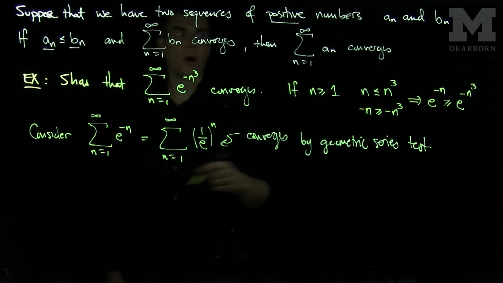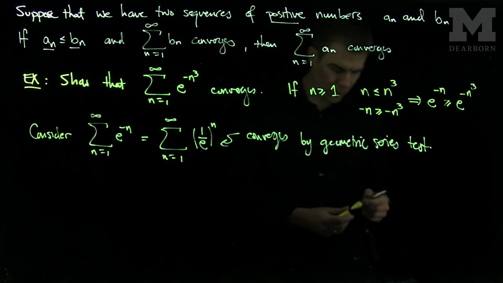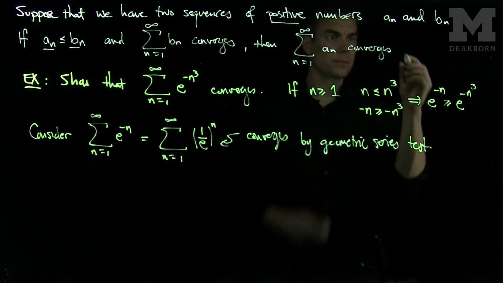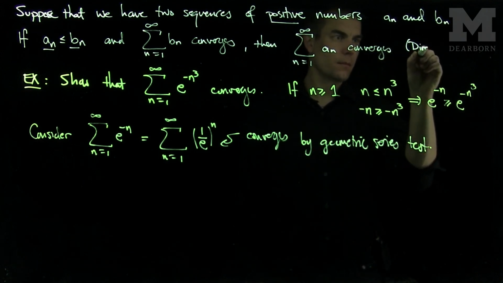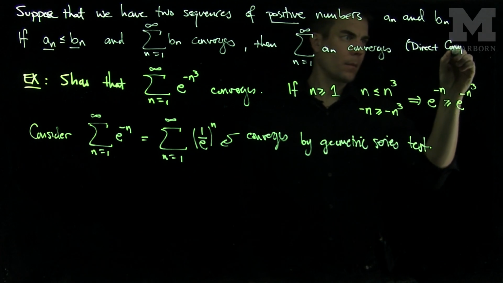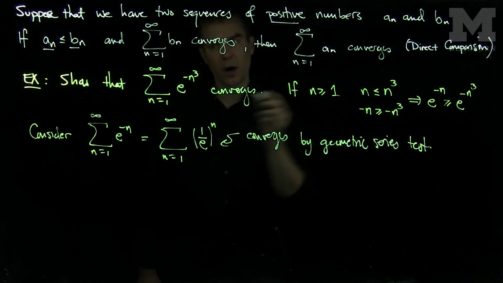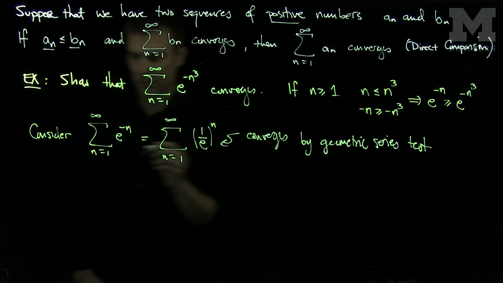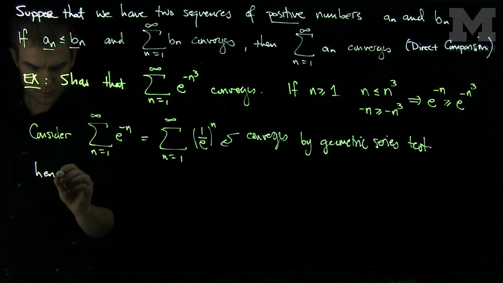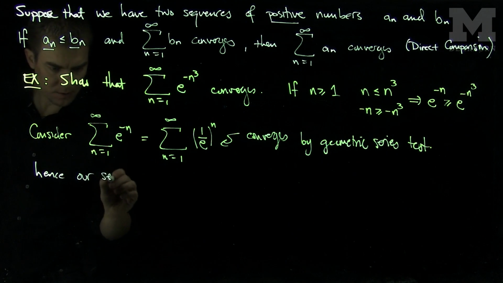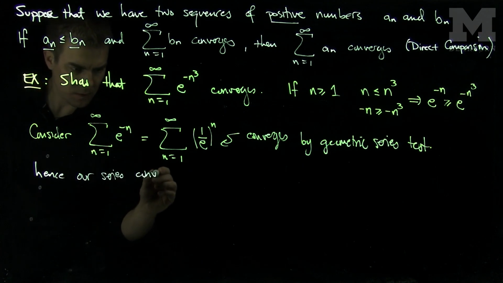Now we can apply our result here, our direct comparison. So this, of course, is called the direct comparison. So by direct comparison, we see that our series converges. Hence, our series converges.